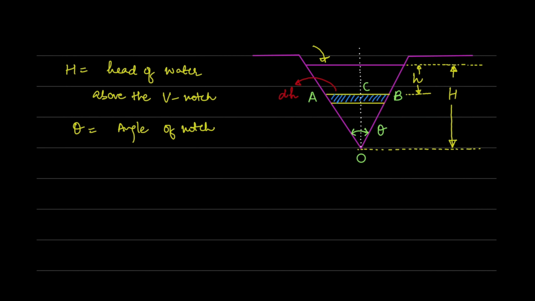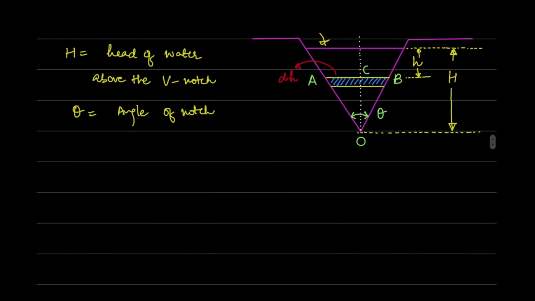Now if we enlarge this figure, we can redraw this particular strip in order to figure out the dimensions. So this is your A, this is your C, and this is O. This complete angle was theta, so this angle is theta by 2. However, OC is an important thing.